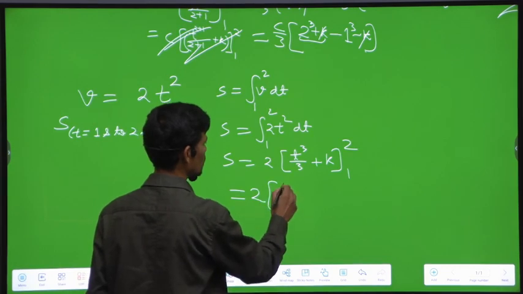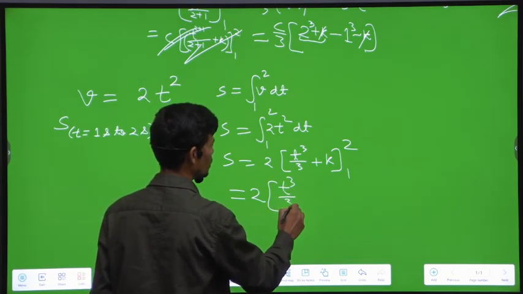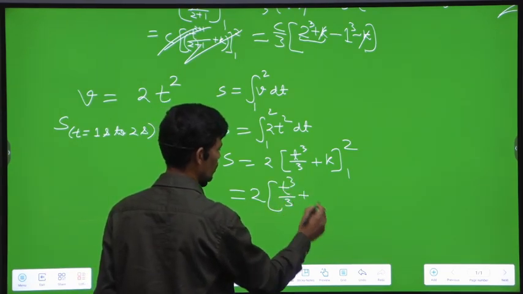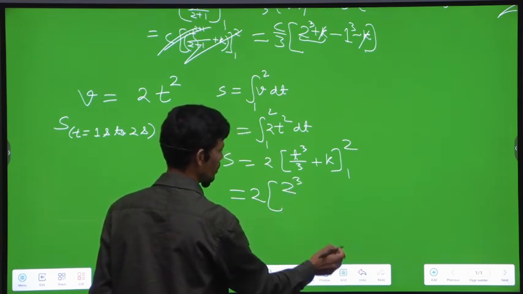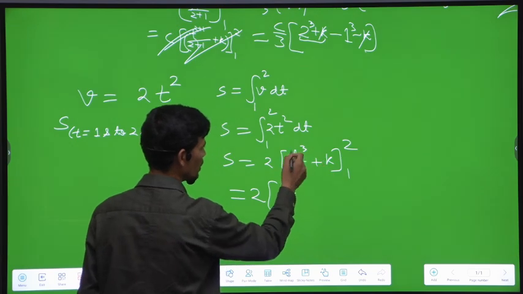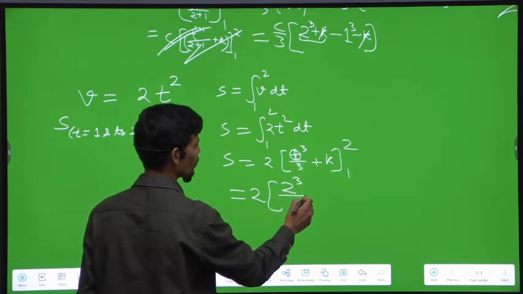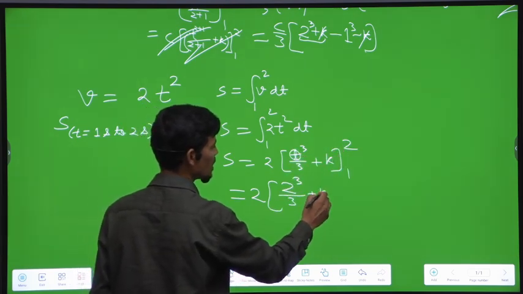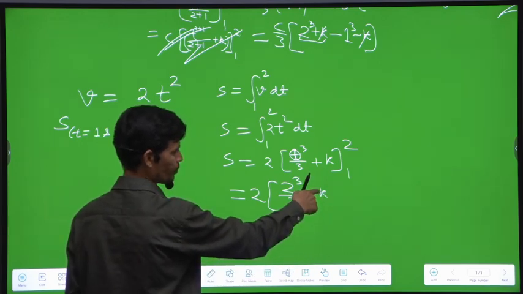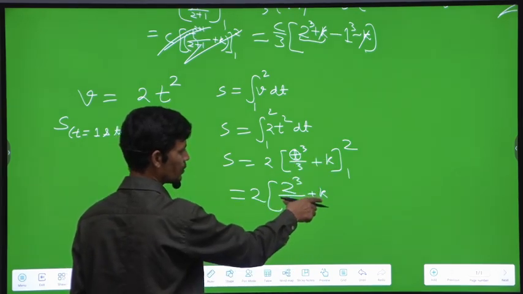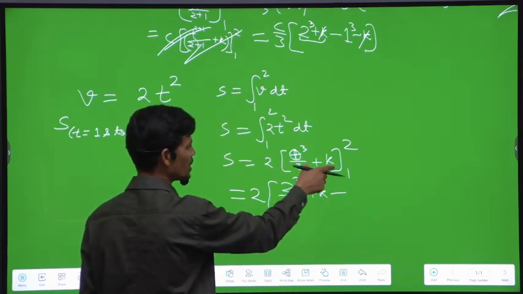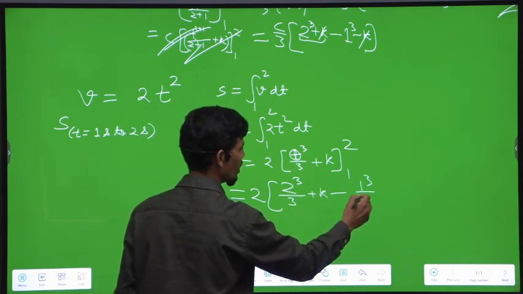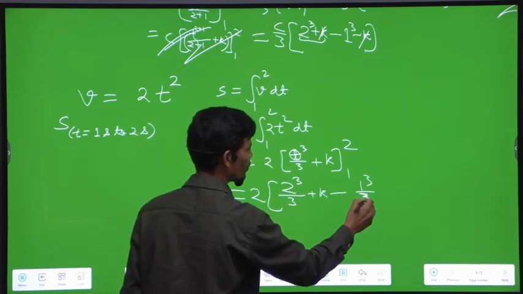Then t cube by 3, we will put the limit 2 to the power 3, in the place of t we will replace 2, by 3 plus k. This entire thing by replacing t with 2, then minus, then again replace this t by 1, 1 cube by 3 minus k.